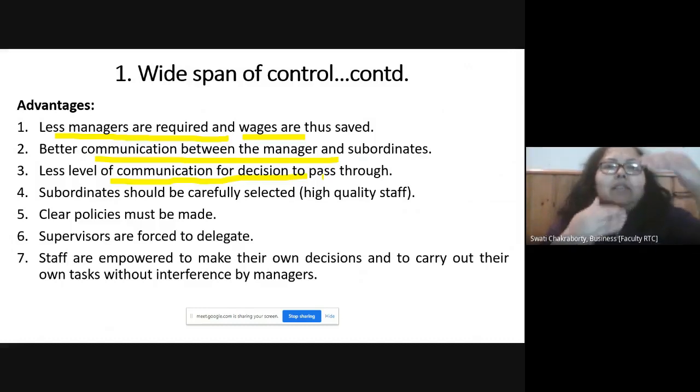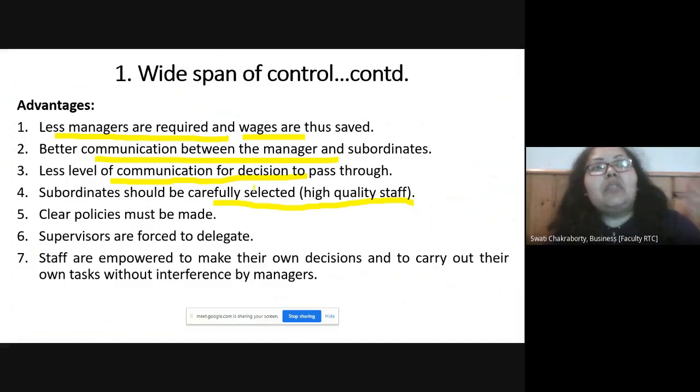Because the number of hierarchical levels is less, what you actually need is highly qualified staff who can do the work. You do not need more people below you. Clear policies have to be made here, and supervisors are forced to delegate the job.